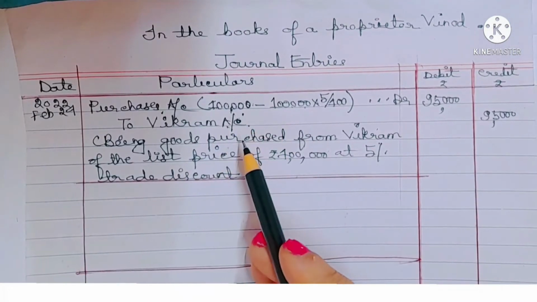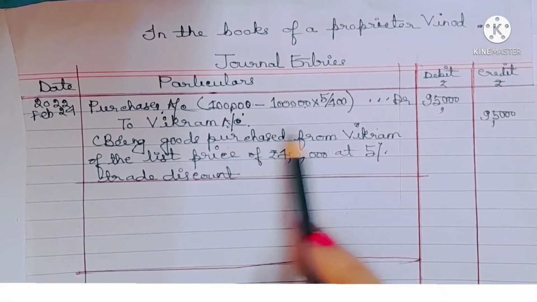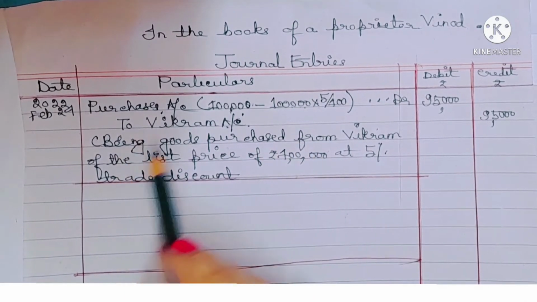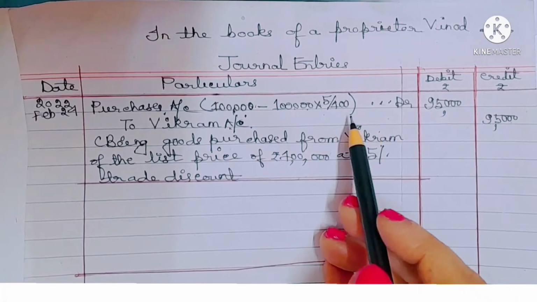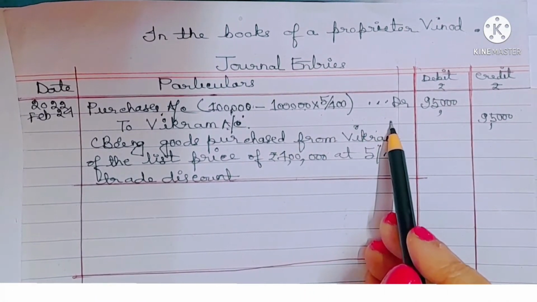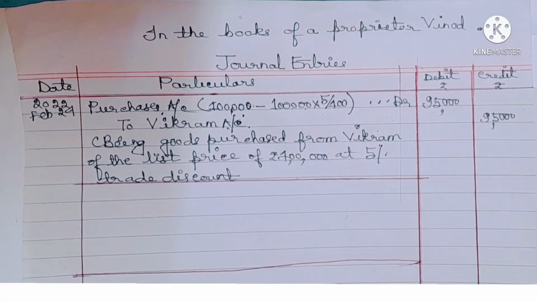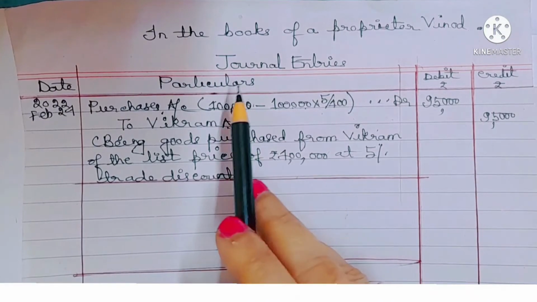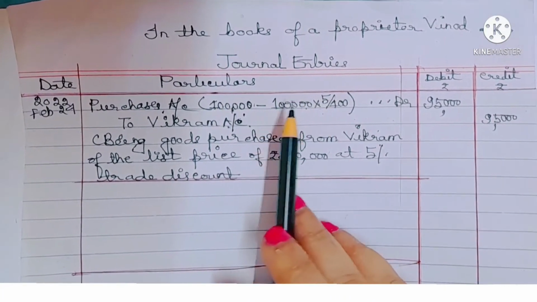So no journal entry will appear for trade discount in the journal. Clear? You don't have to pass any journal entry for trade discount.